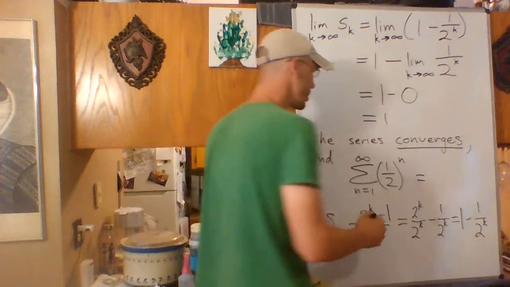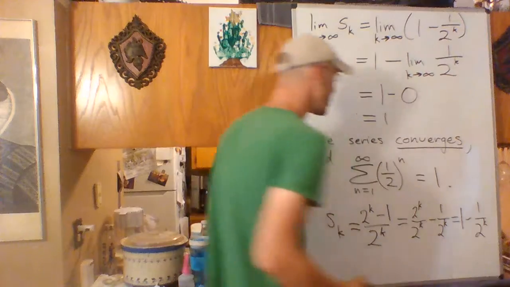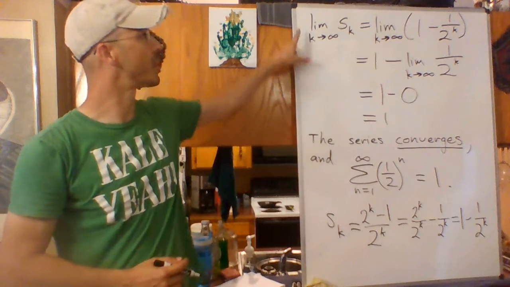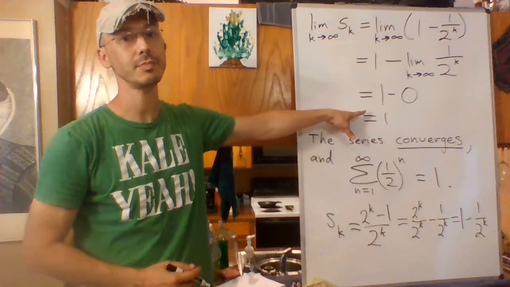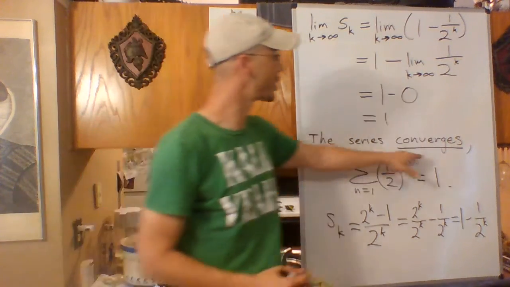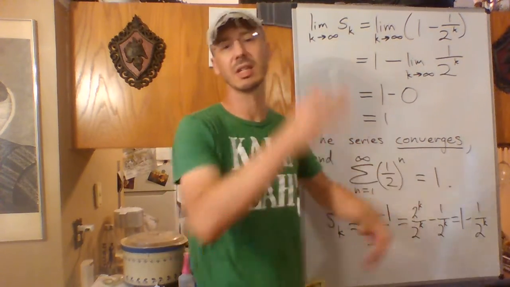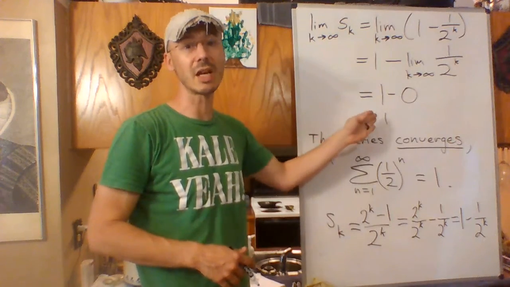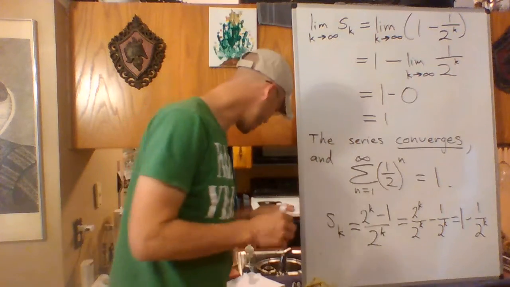We'll see that in more detail later, but that series is equal to 1 because the limit of the partial sums is equal to 1. This is also what it means for the series to converge, because it's not infinity, and also it's not a limit that doesn't exist. It's a limit that does exist and is finite, so that's what it means to converge.